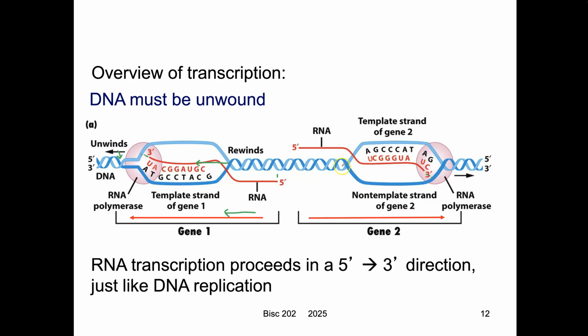And same over here: we're rewinding here and opening up here because the polymerase in this case is going in this direction. For some of these things, just try to think through the process, and you may have to go through it mentally a few times to feel comfortable with it, if this is new information for you. Some of you have probably covered this kind of material before already.